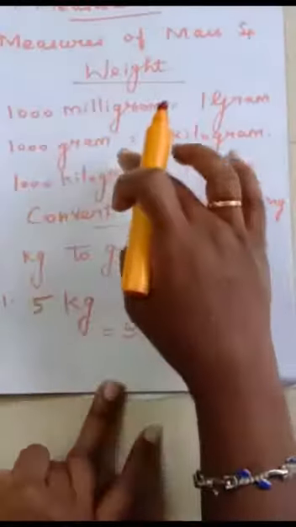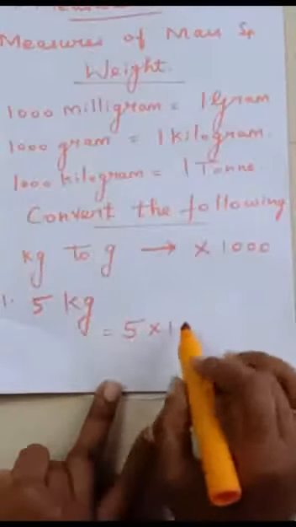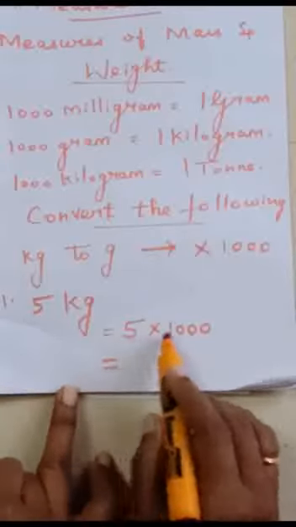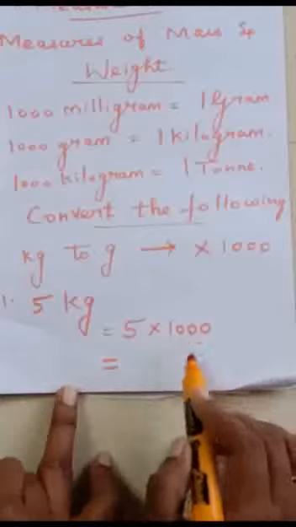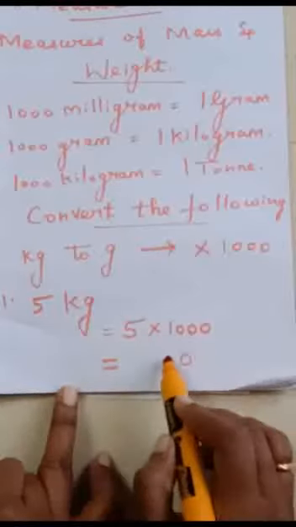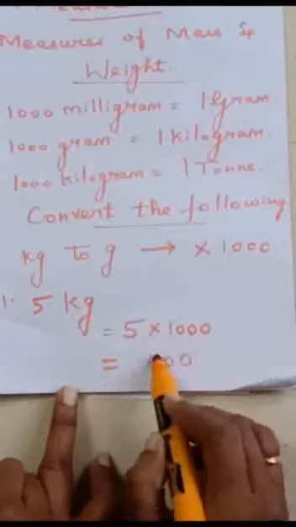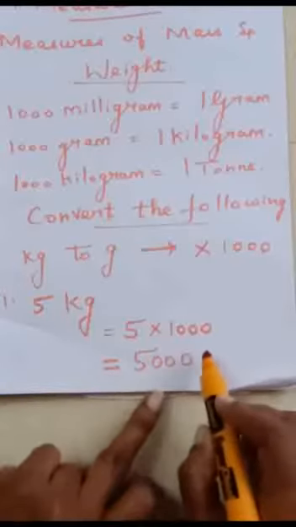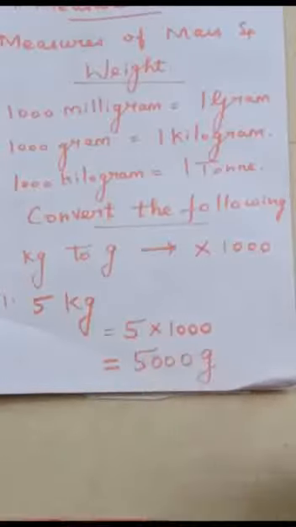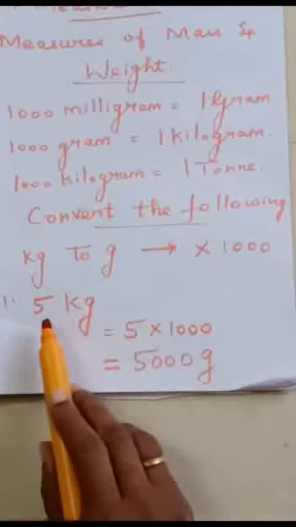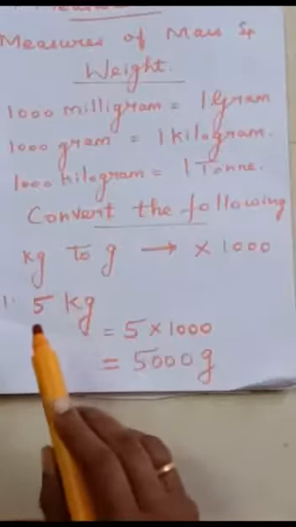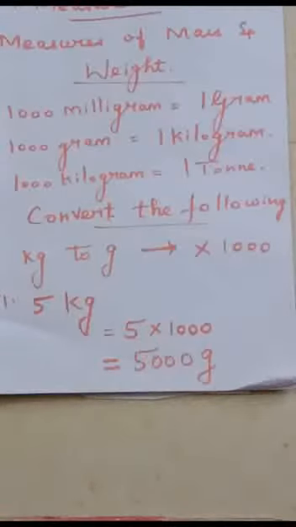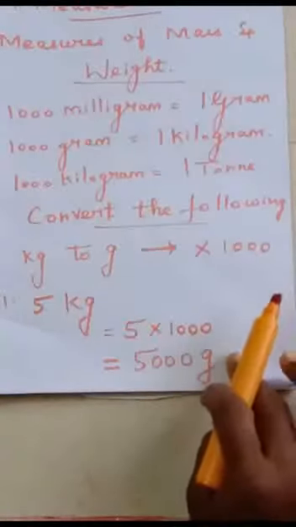When you multiply 5 into 1000, 5 ones are 5, followed by 0 0 0. So how much is it? 5000 gram. In 5 kilogram, 5000 grams are there. So this is the procedure.